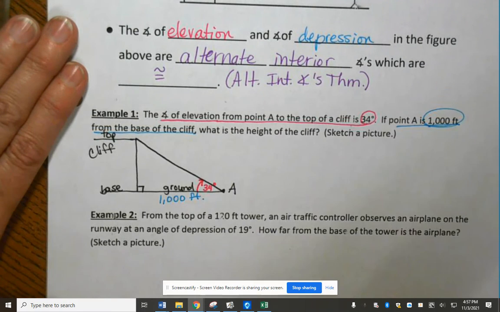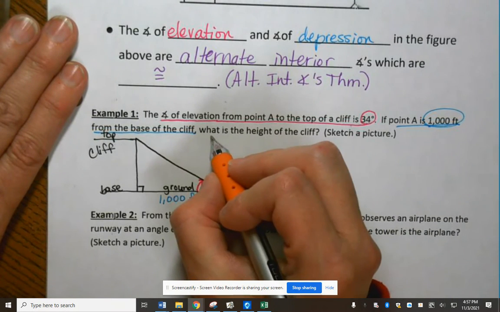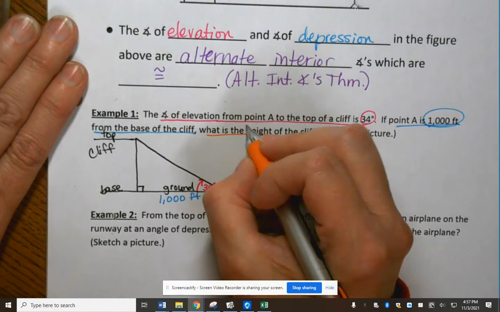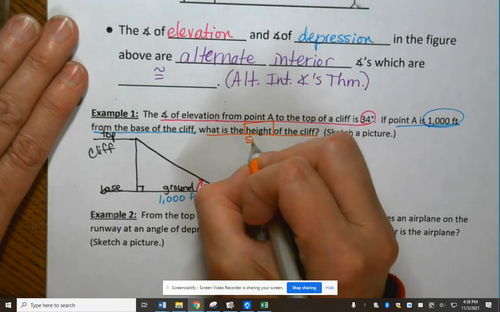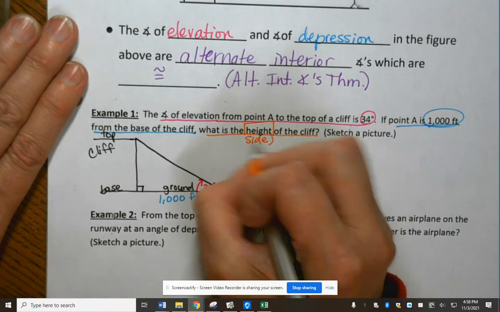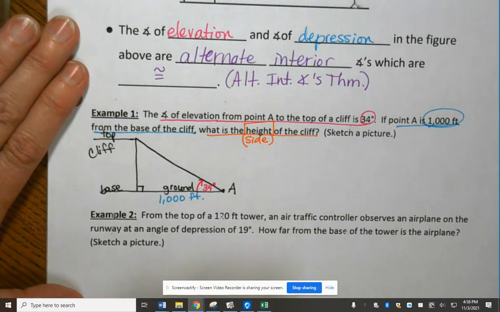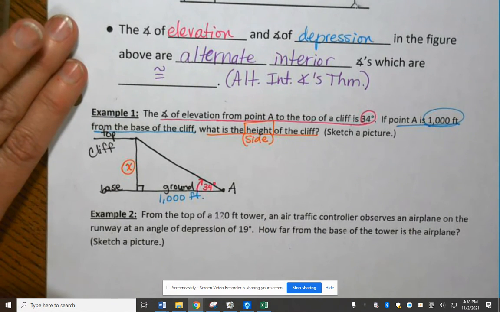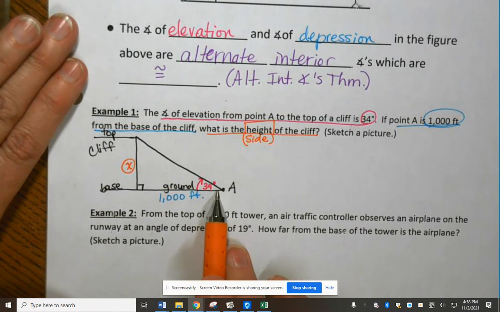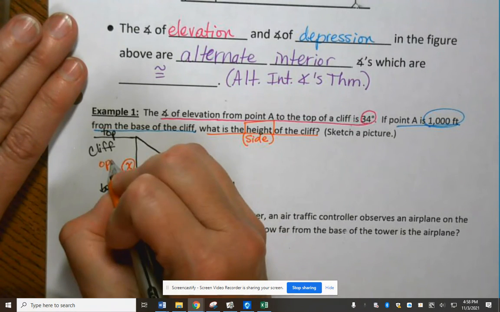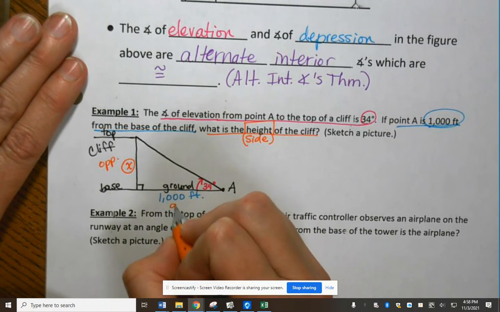And what we're looking for is, what is the height of the cliff? So height meaning it's a side of our triangle that we're looking for. So this is what we're looking for, the height of that cliff. So now from that 34 degrees, X is opposite, and the 1,000 feet is adjacent.